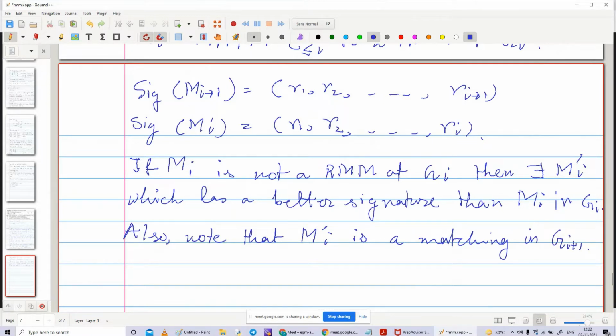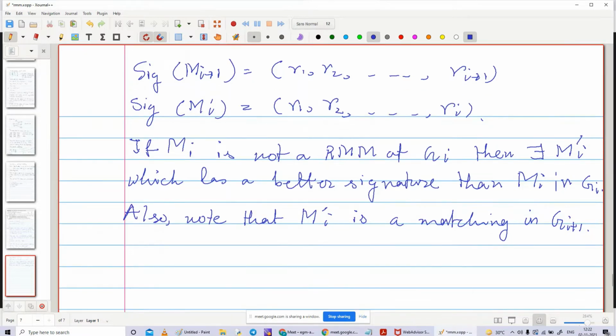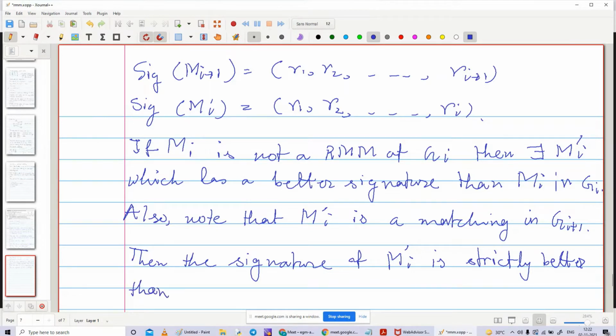Because Gi plus 1 is a superset of Gi; Gi is a subset of Gi plus 1. That's why M prime i is also a matching in Gi plus 1. But then the signature of M prime i is strictly better than Mi plus 1, which is a contradiction.